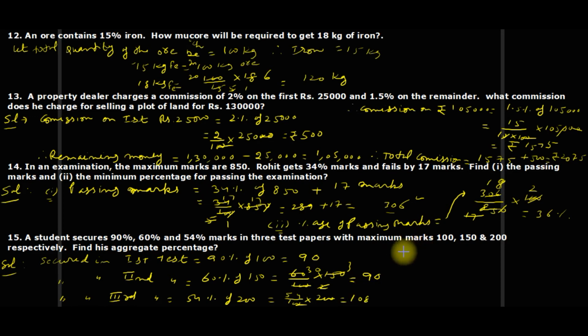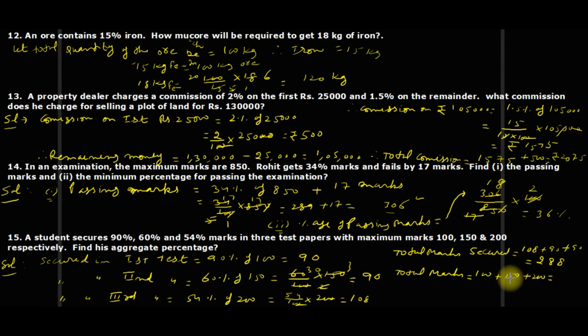So total marks secured, how many? 108 plus 90 plus 90, 90 90 180, 180 plus 108 is 288. Right, out of total marks how many? 100 plus 150 plus 200.